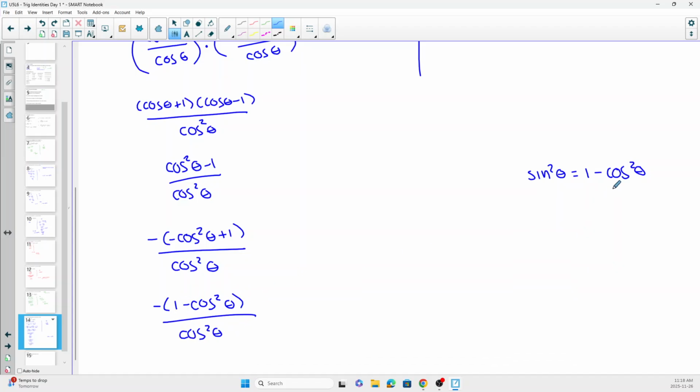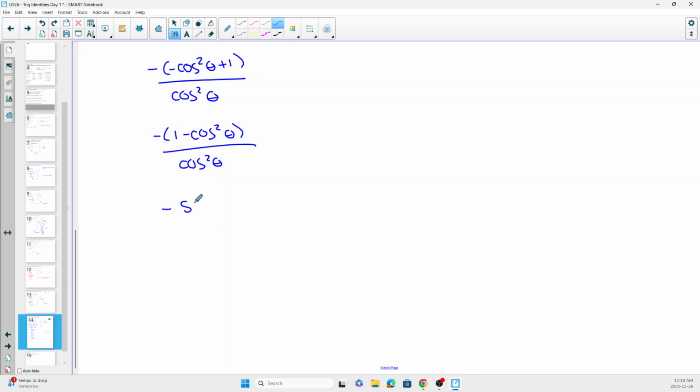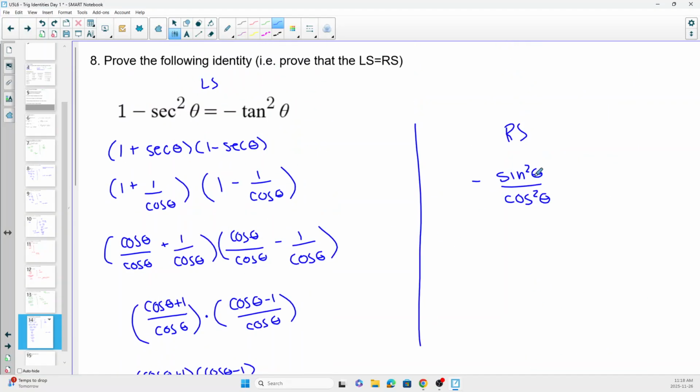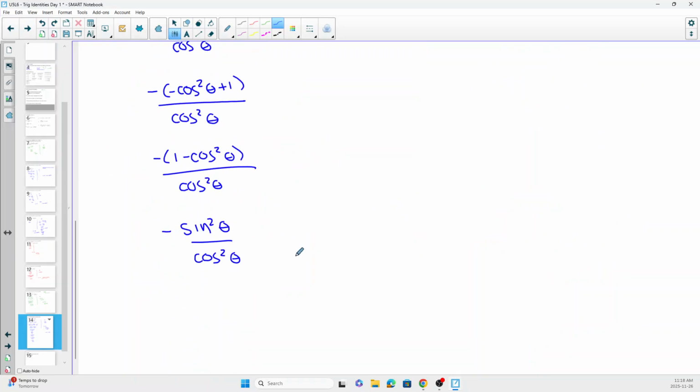And now I can use my Pythagorean identity. 1 minus cos squared theta is sine squared theta. So finally I could say negative sine squared theta over cos squared theta, which is exactly what we had over here on the right, negative sine squared theta over cos squared theta. So left side equals right side, therefore the identity is proven. Okay, so that's fun.